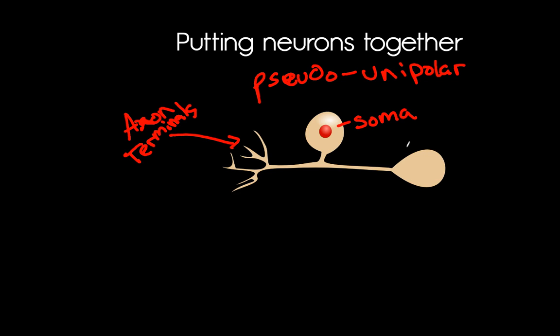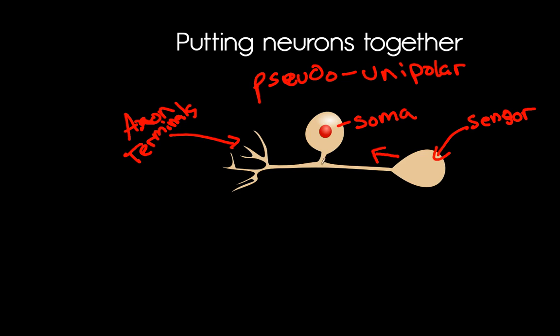This is a type of neuron conformation that often occurs in sensory neurons, where you'd have some sort of sensor up here that is going to sense something like light or oxygen or some chemicals, and send its signal down this axon towards the axon terminals.